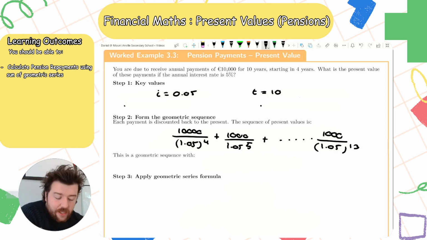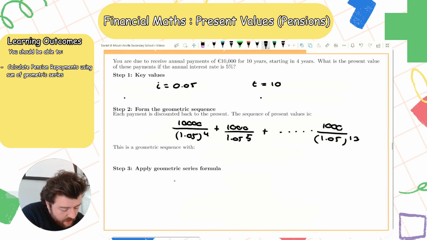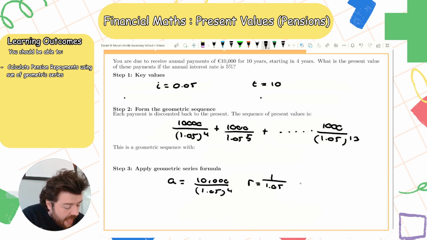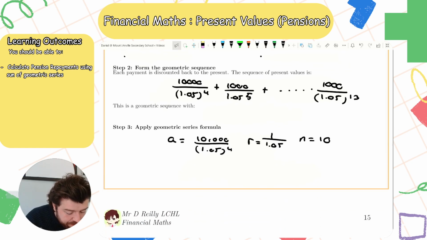So let's apply my geometric formula here. A is 10,000 over 1.05 to the power of 4. My common ratio is just going to be 1 over 1.05. And then my N is the number of terms I have here. I have 10 terms, so it's not going to be 13, it's going to be 10. Then let's plug it into my formula.